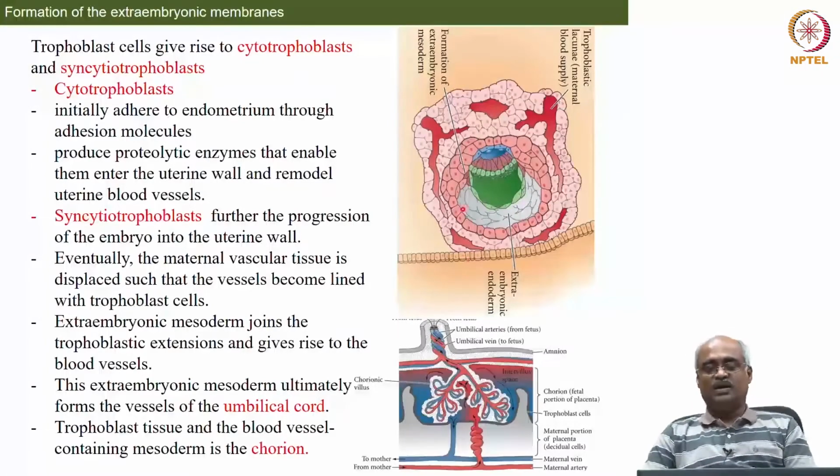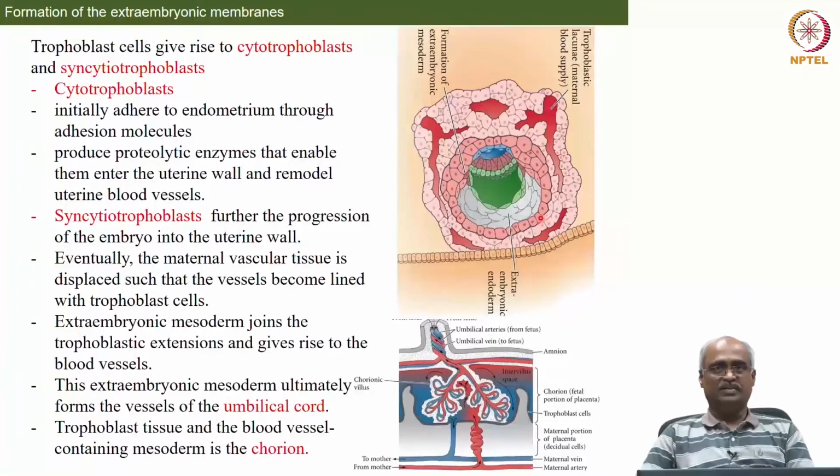So if you recall from the last class, the outer layer, the trophoblasts, they form a layer which we call syncytiotrophoblast, and they produce the proteases that help in dissolving ECM and getting attached to the endometrium, and then they give rise to a set of cells where they undergo nuclear division without cytokinesis, forming multinucleated cells called the syncytiotrophoblasts, like these cells, this light pink.